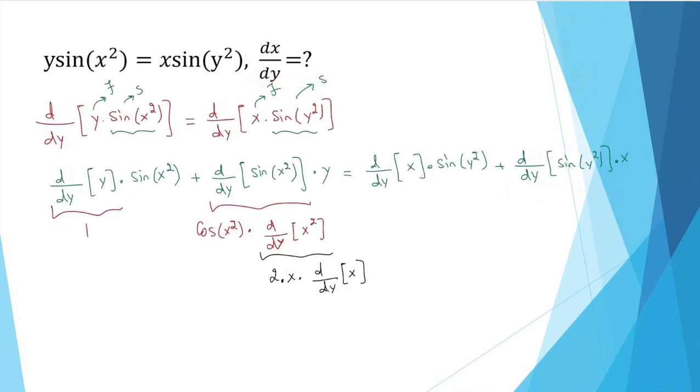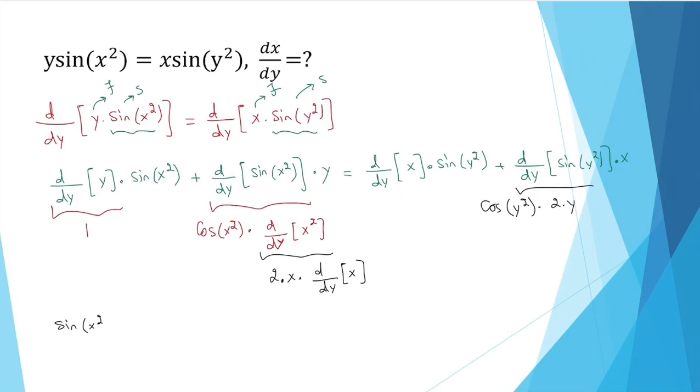And the derivative of sine of y squared, because the variables are the same, this is a simple case, and it's the chain rule. The outermost function is sine, so we get cosine y squared times the derivative of inside, which is 2 times y. Okay, let's put everything together.